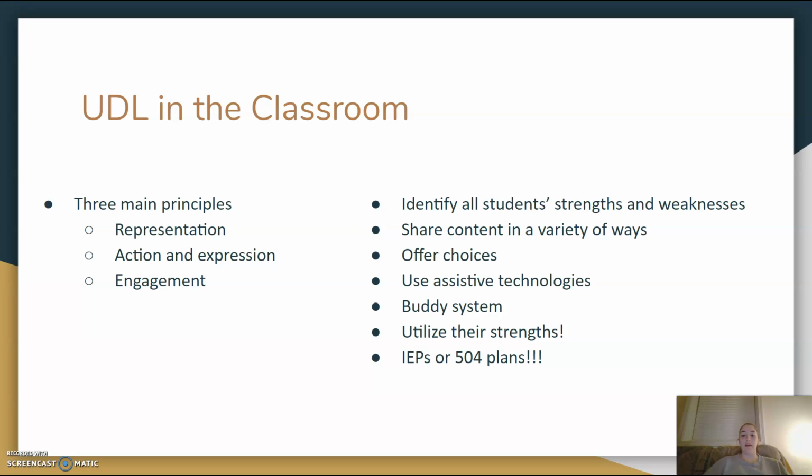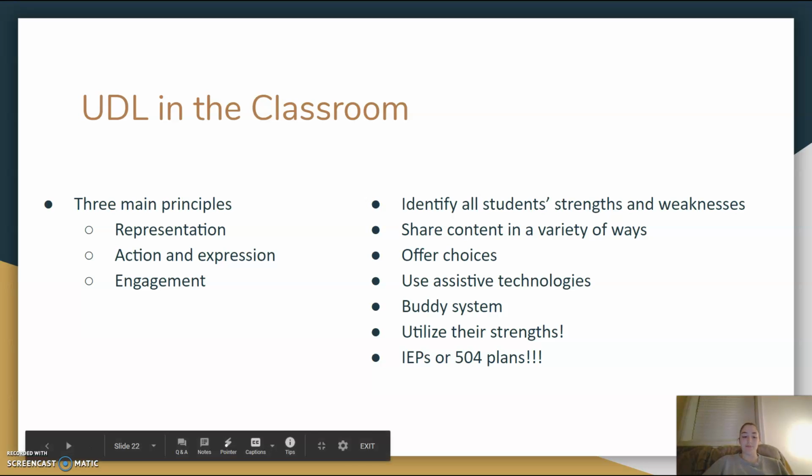Like I said, you need to identify their strengths, but you also need to utilize them in your classroom. And then also use their available IEPs or 504 plans, because those will help you understand how exactly that specific student works and how they handle their specific disability.